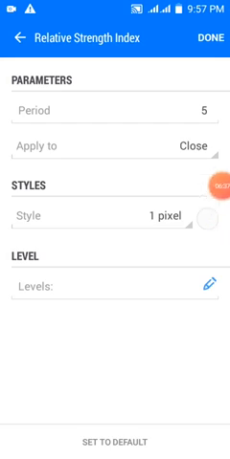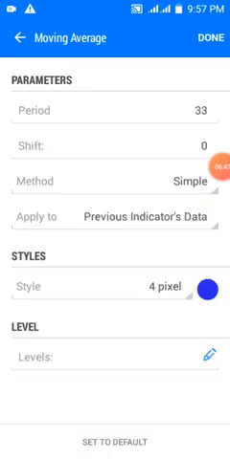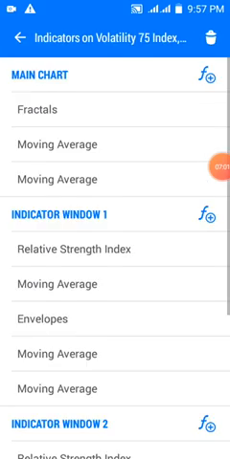Now the color, we expect the color to match the background of the chart. Okay, so we also have moving average, 3 period moving average. The method is simple. Okay, and then we apply to previous indicator's data, and the color is blue.